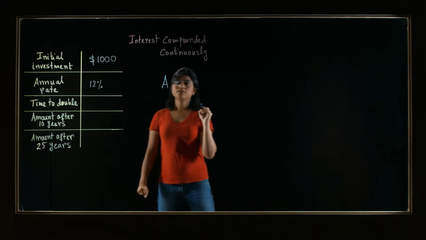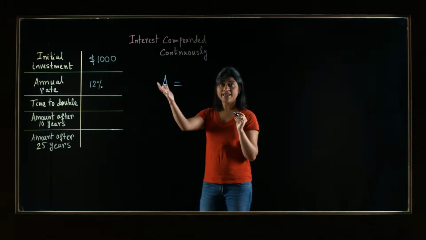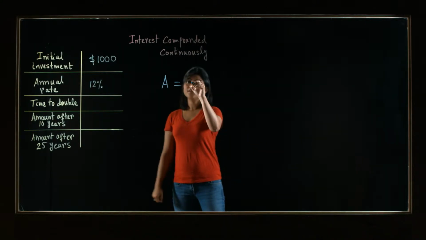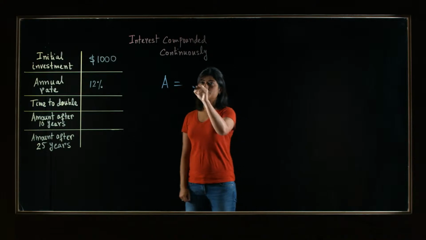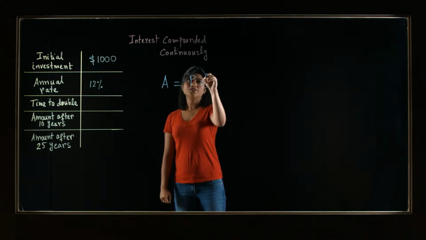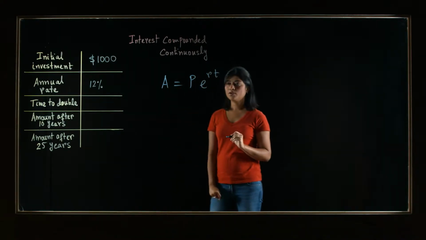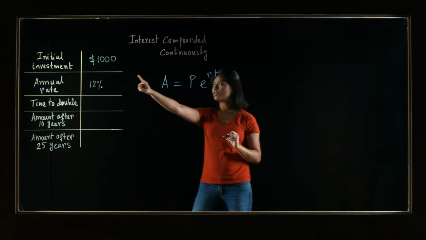If A is the balance, it can be computed using an exponential function, and is P e to the RT, where P is the initial investment.